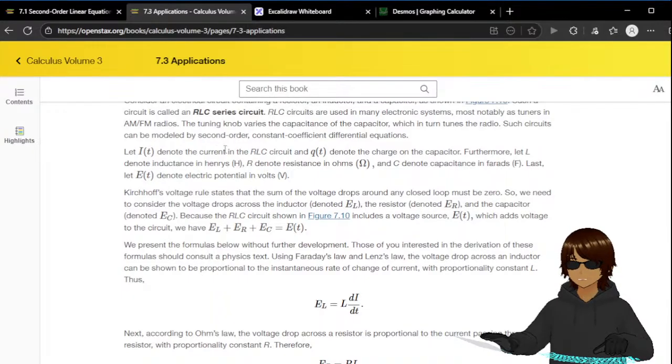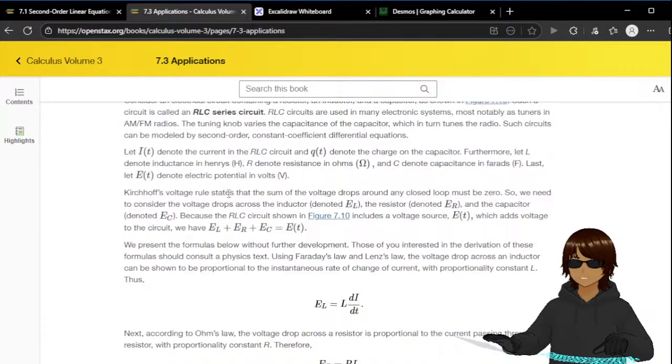Let I denote the current, Q denote the charge on the capacitor, L denote the inductance in henries, R denote the resistance in ohms, and C denote the capacitance in farads. Lastly, let E denote the electric potential in volts.